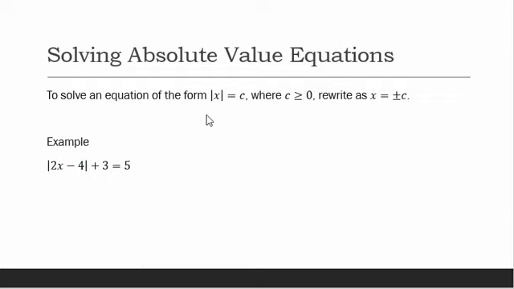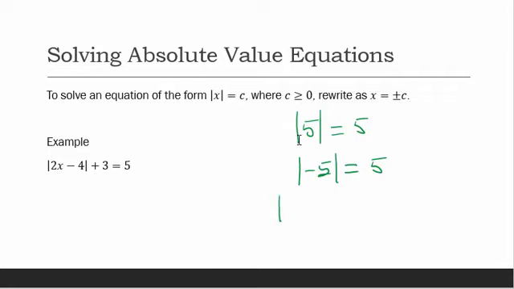If we want to solve an absolute value equation of the form absolute value of x is equal to some constant c, where c is greater than or equal to 0, we end up with x equals plus or minus c. Let's look at this example. If we want to find the absolute value of 5, for instance, that's 5, and the absolute value of negative 5 is also 5.